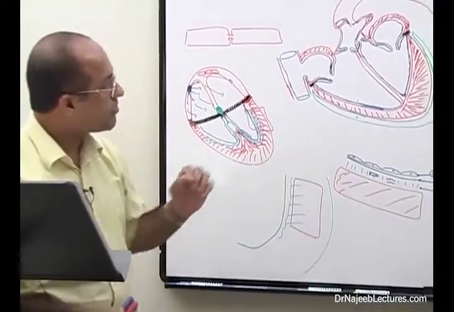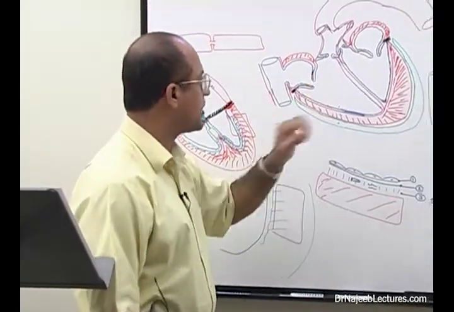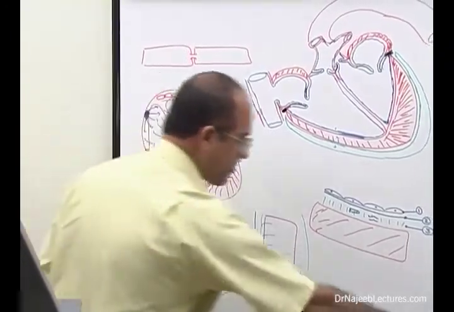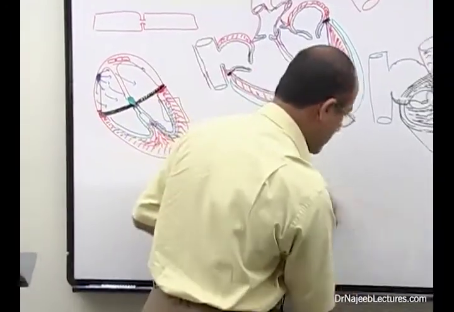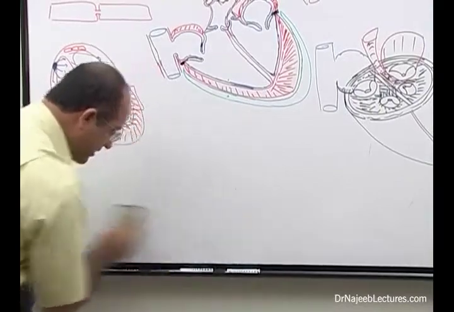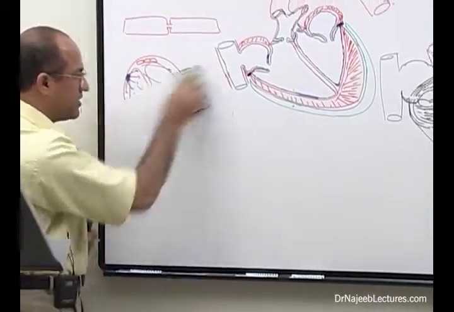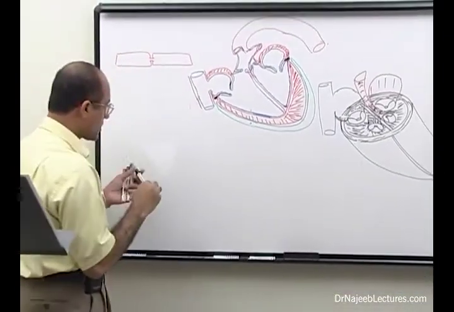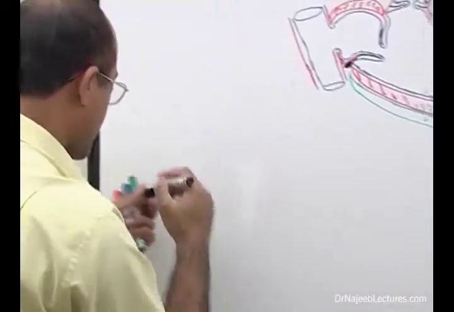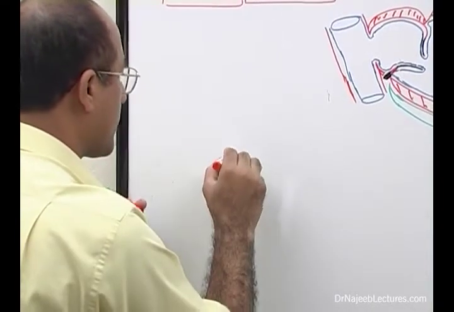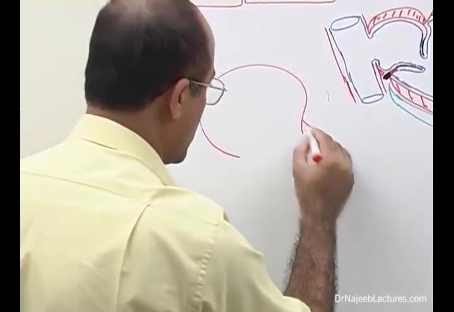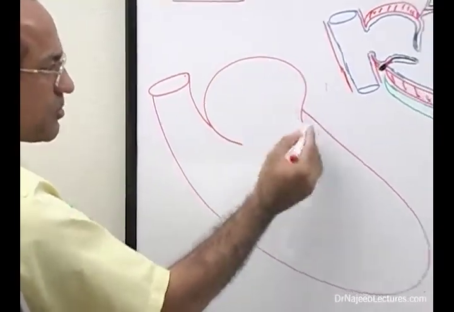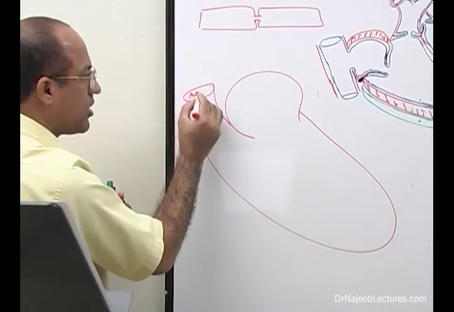Another thing, when we talk about the valve structure, let me discuss the structure of a valve right now. These cardiac valves do not have myocardium. They just have connective tissue. Let me show you the structure. This is the left atrium, this is the left ventricle, and this is the aorta, right?